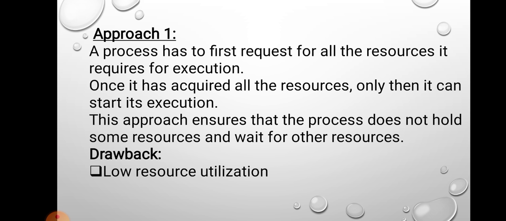Clear? By doing this, there is one more drawback, not low resource utilization; by mistake I wrote that here. The drawback of approach 2 is that starvation is possible. What is starvation?